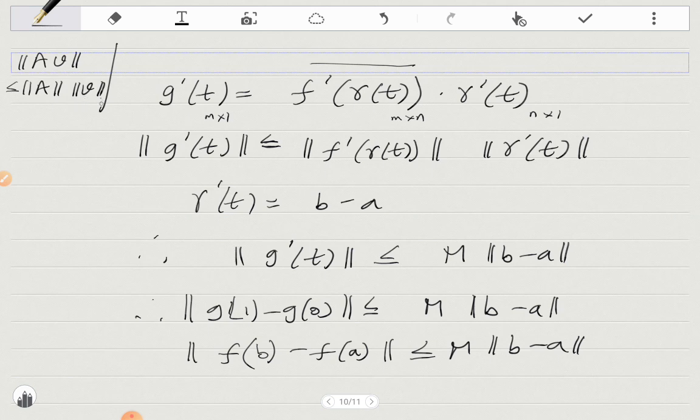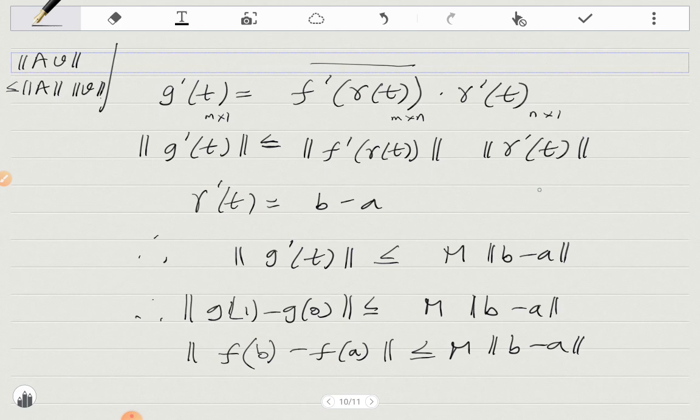So these are Euclidean norms. Norm of v and norm of Av are Euclidean norms. Applying this, I get the Euclidean norm of g prime of t less than or equal to the operator norm of f prime of gamma t multiplied by the Euclidean norm of gamma prime of t.